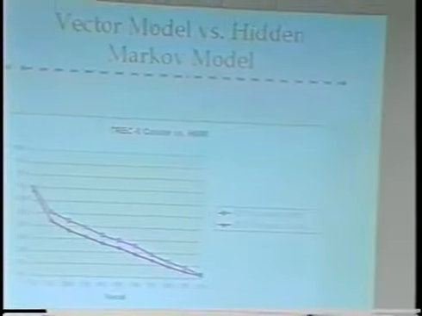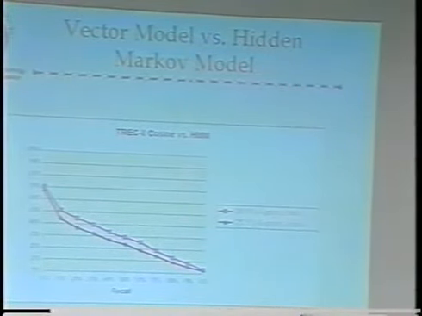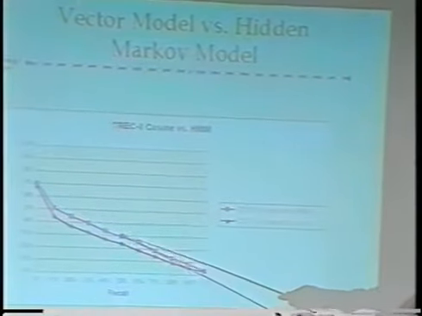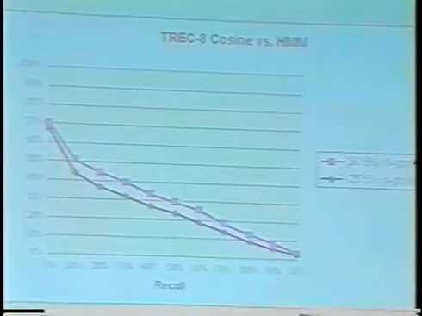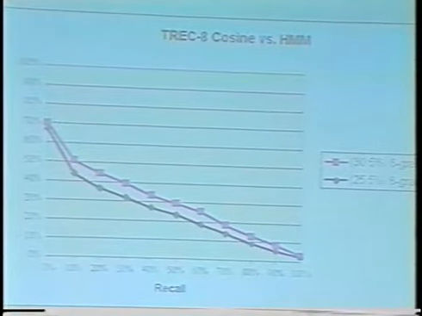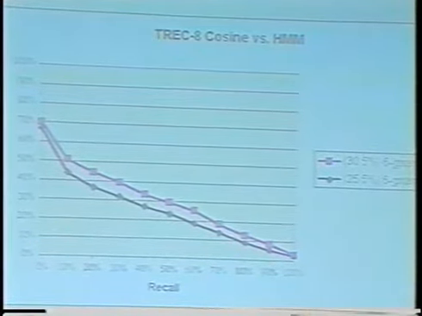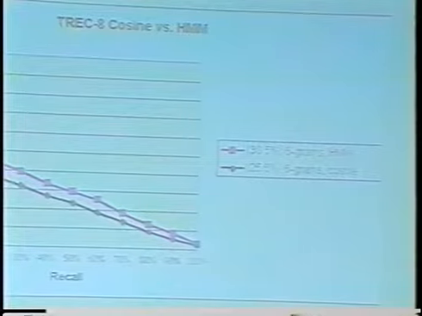We also compared the cosine measure against this hidden Markov probabilistic measure. And we have always found a significant outperformance by the hidden Markov model over the cosine model. Now there are still very, very good systems that use a cosine model. An information retrieval system is a bundle of a whole bunch of things.